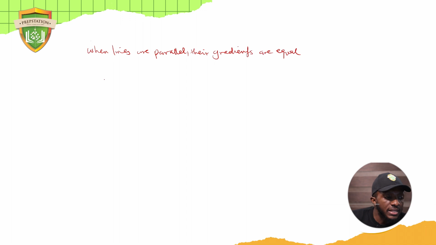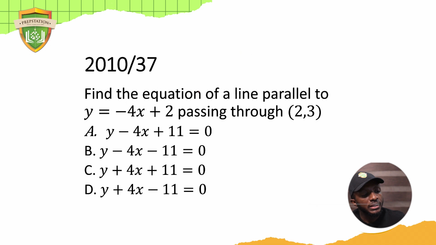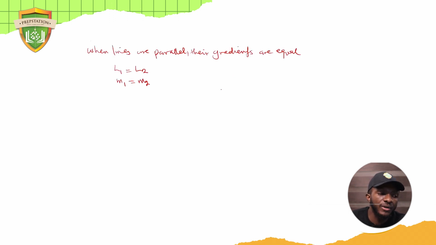That is, if we have line L1 parallel to line L2, what this means is that the gradient of L1 will be the gradient of L2. So look at the question again. It says it passes through the point 2, 3, but the line is parallel to y equals minus 4x.